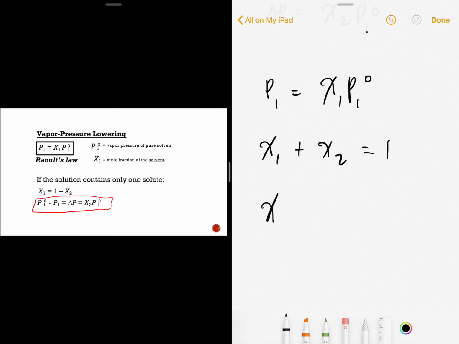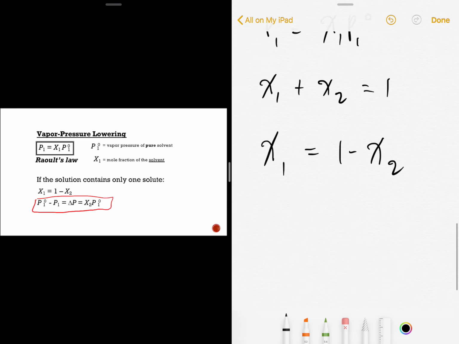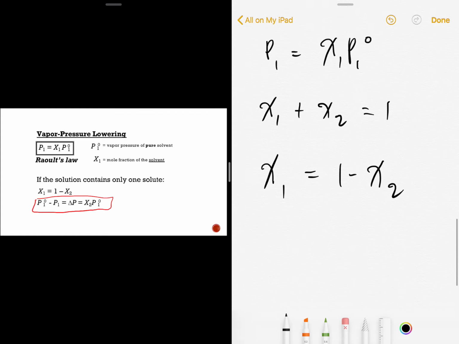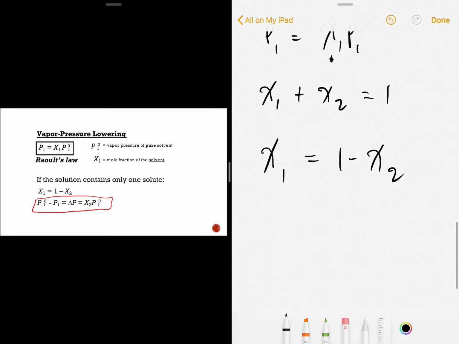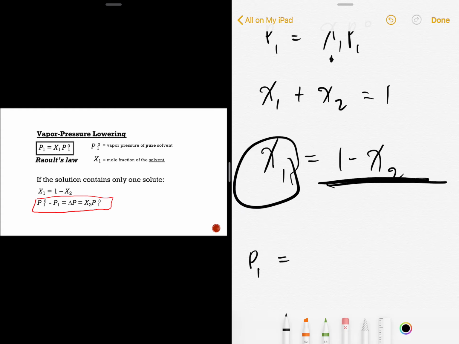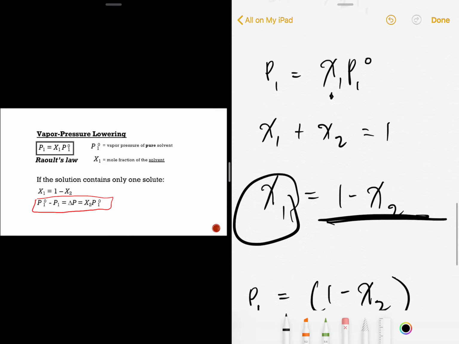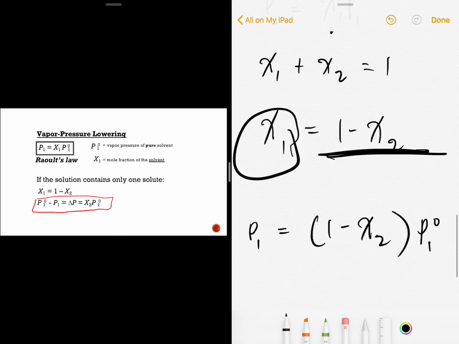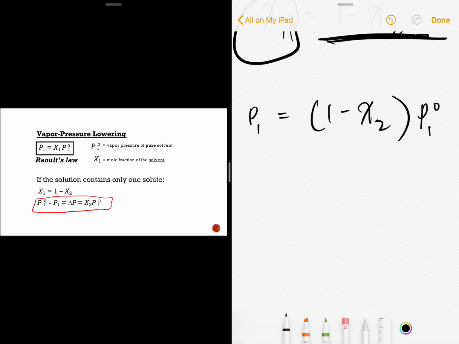So, let's substitute 1 minus the mole fraction of your solute to this one. Sinubstitute lang po yan dito, no? P1 is now equal to, ito na, X1 kasi is equal to this term. So, 1 minus the mole fraction of your solute times P1 naught. Okay? So, now you have to distribute this one, no?